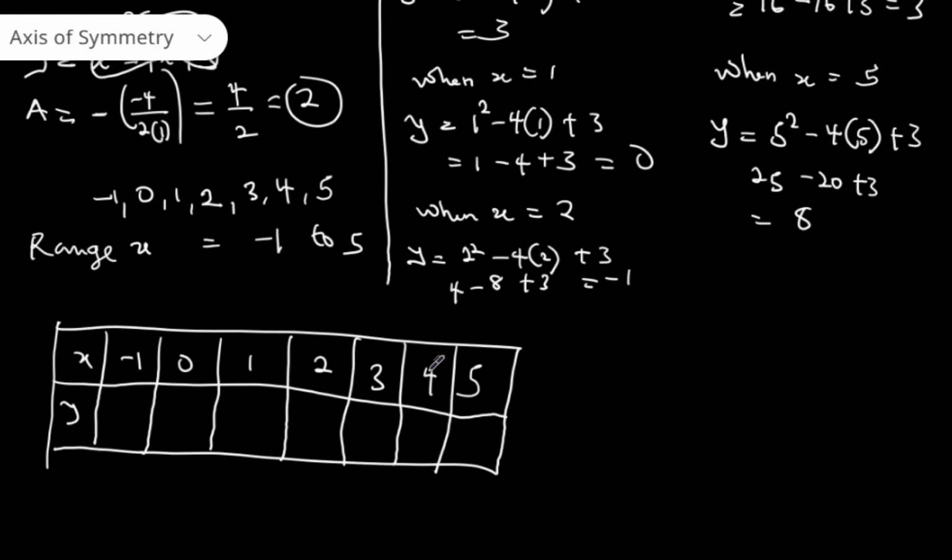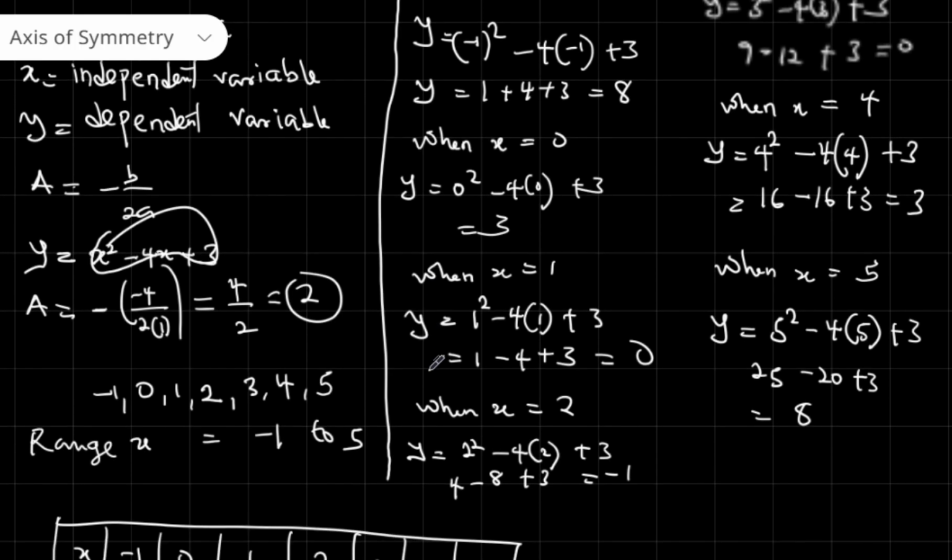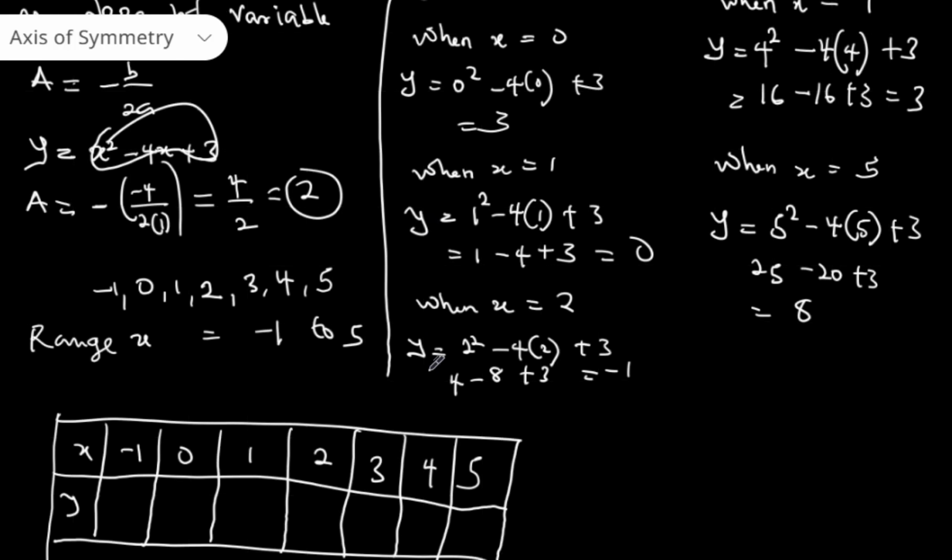Now, when x is minus 1, our y is 8. When x is 0, y is 3. When x is 1, y is 0. When x is 2, y is minus 1.